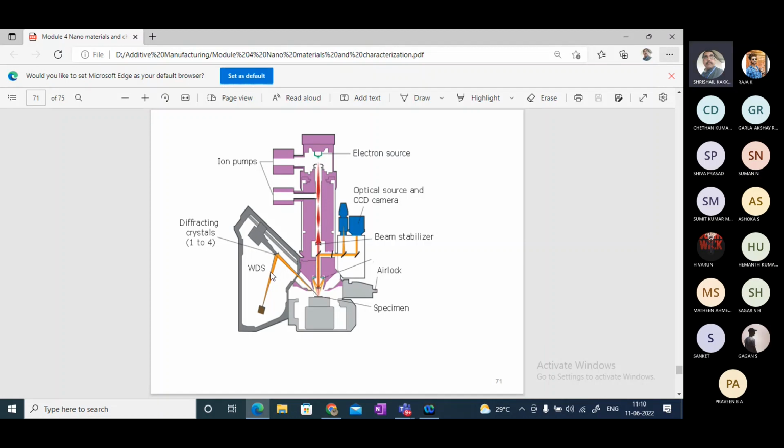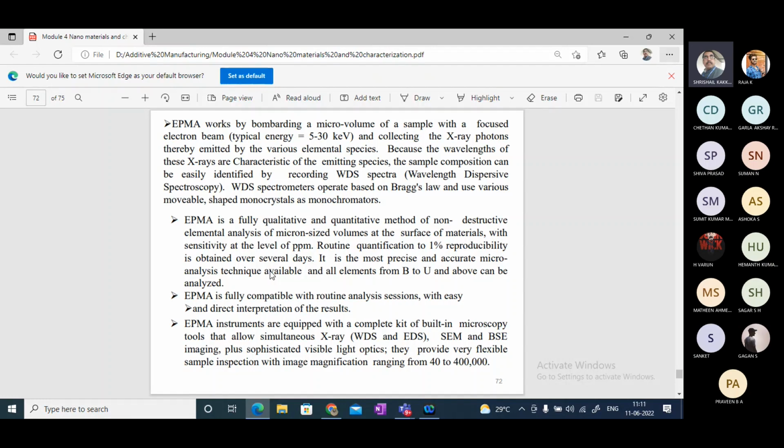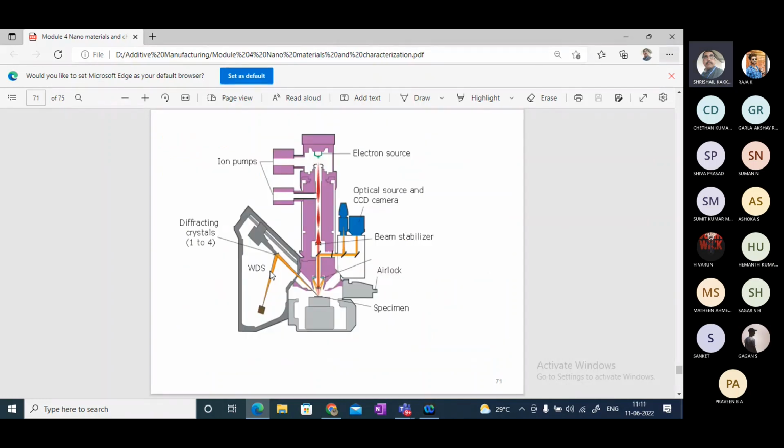Okay, and WDS is wavelength dispersive spectroscopy, which will give you almost all the information we require. The specimen will be kept here, and we can get the information using diffracting crystals.